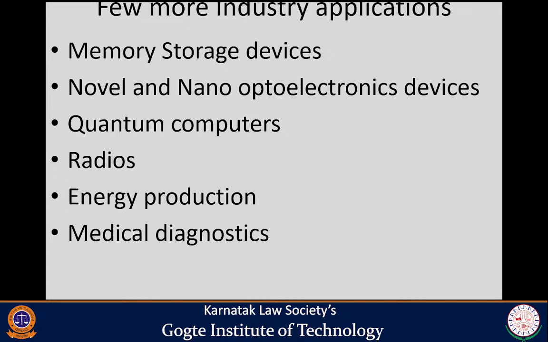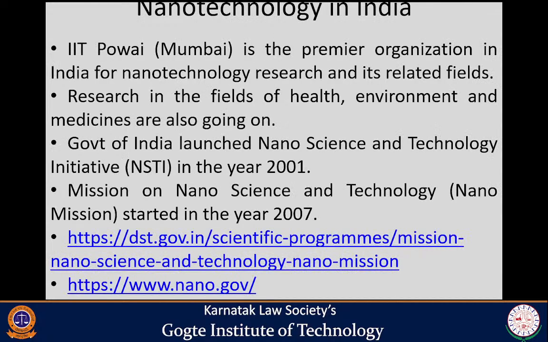Quantum computing, where computers have become a part and parcel of almost the life of every person on this planet. Radios, which are used for communication in every aspect of everyday business, energy production and medical diagnostics.